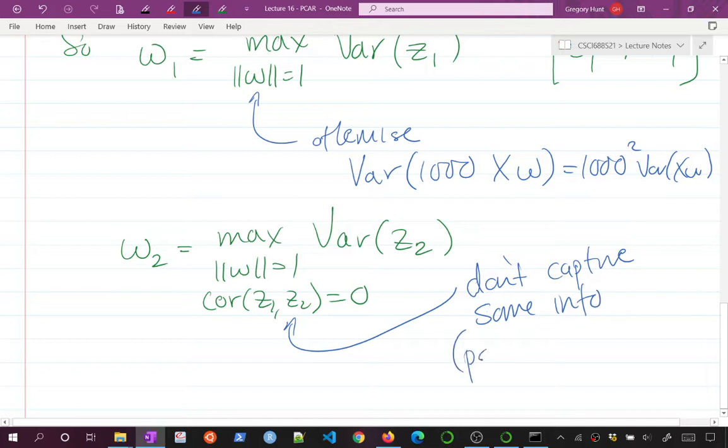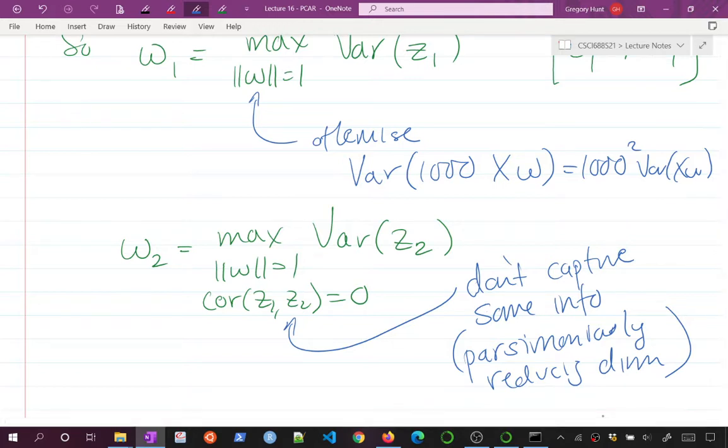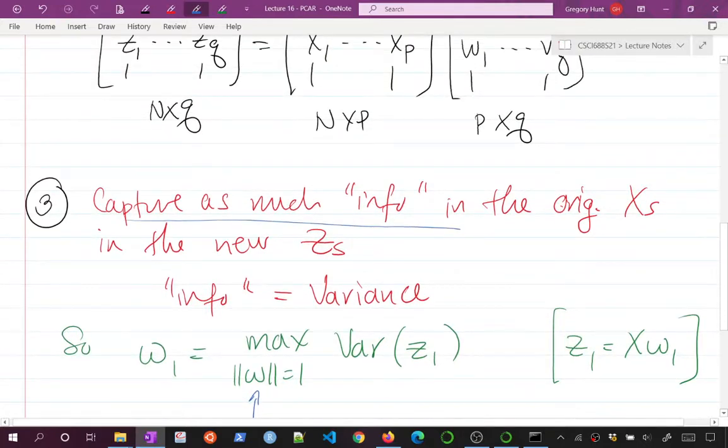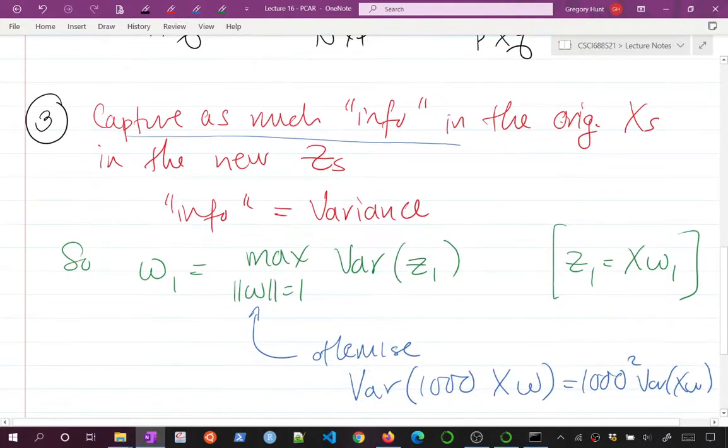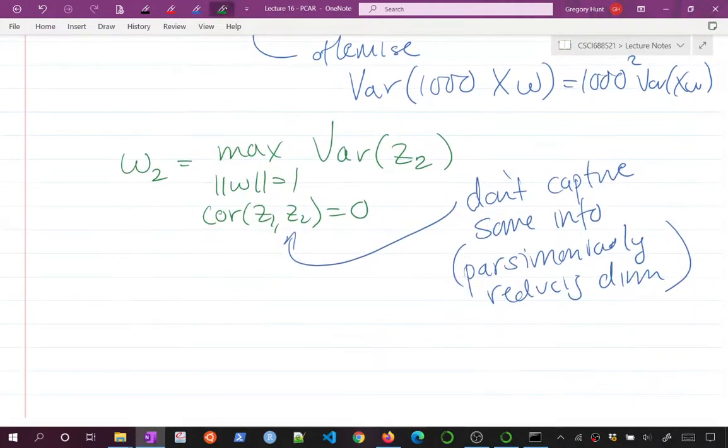The idea is we are parsimoniously reducing dimension, right? If you create Z's that are correlated, they contain mutual information, since correlation is basically a measure of that. If they're kind of correlated, then you're not most parsimoniously reducing the dimension of the space. And our goal ultimately is to capture as much info in the smallest number of variables. And so we don't want these things to overlap, so we constrain them to be uncorrelated with each other.